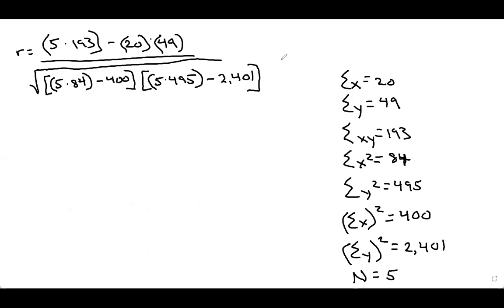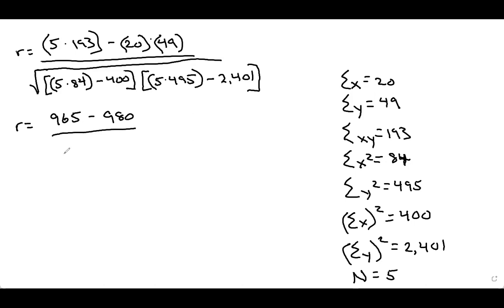So if we take 5 times 193, that's going to come out to 965. We're going to subtract that by 20 times 49, which is 980. We'll put that over 5 times 84.